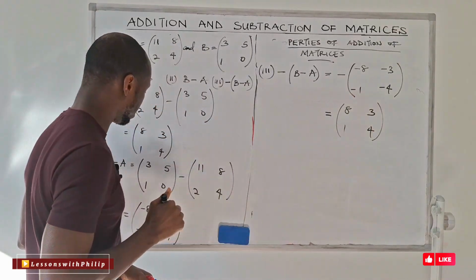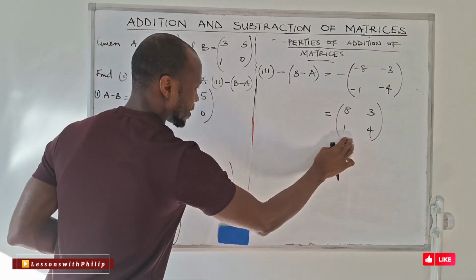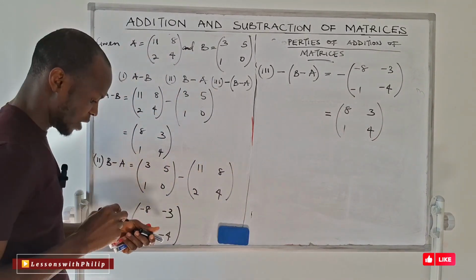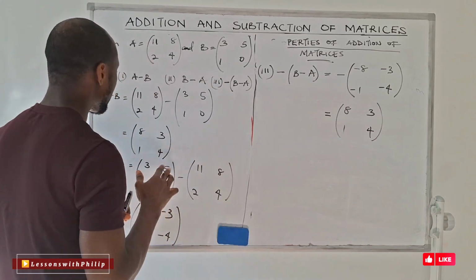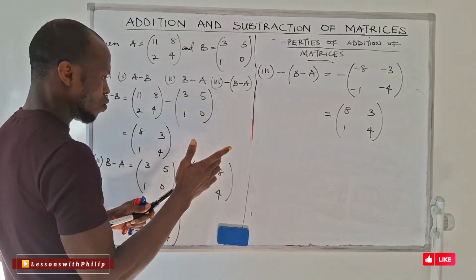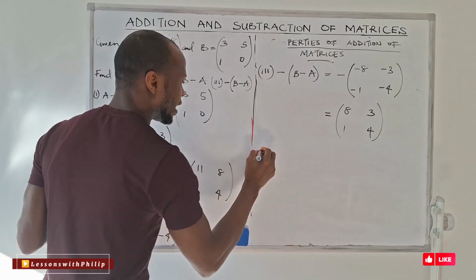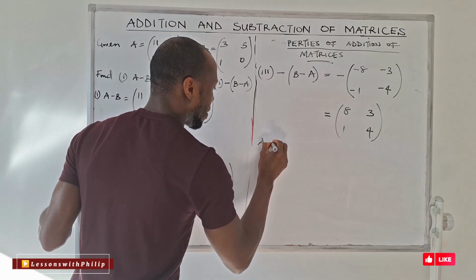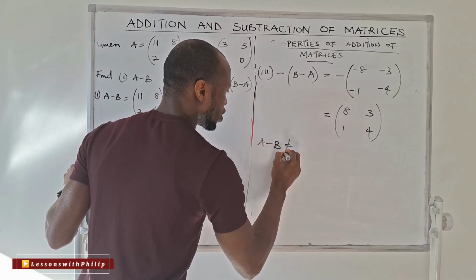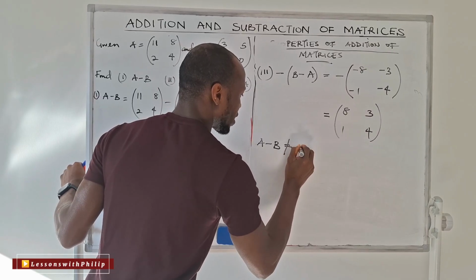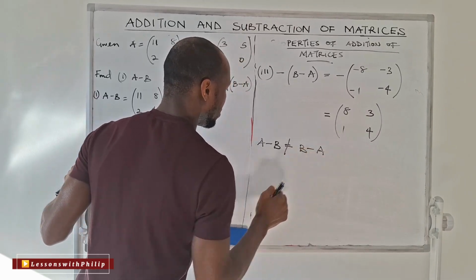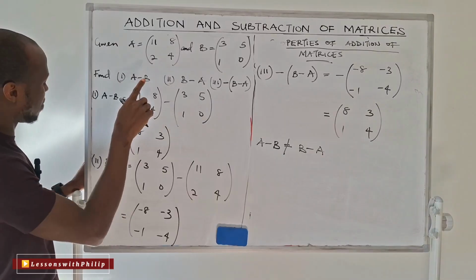Okay? If you check this and you check what you have here, you will observe, let me just illustrate what I'm trying to do now. From what you have done, you will see that my A minus B is not equal to B minus A. Okay, check A minus B. Where's my A minus B?